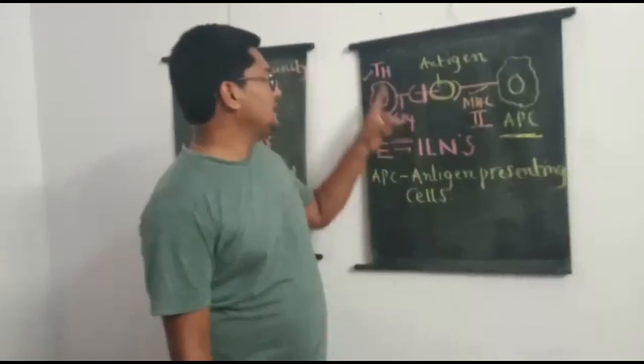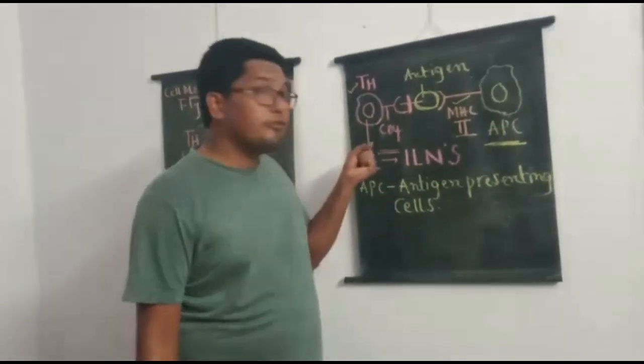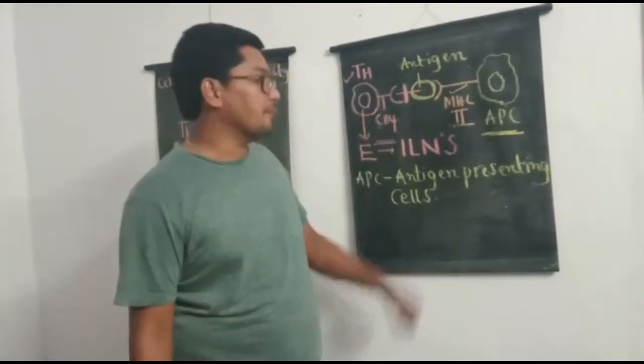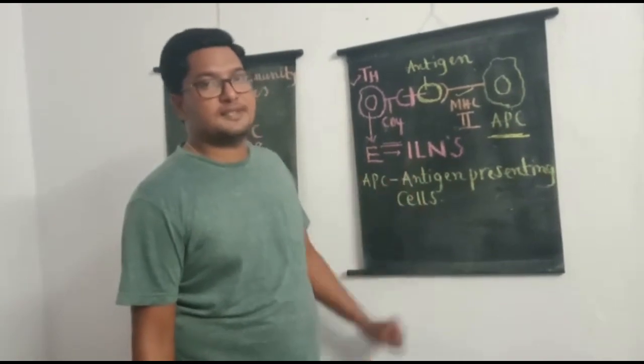So this is how T helper cells play an important role in the functions of various cells of our immune system by producing chemicals called interleukins.